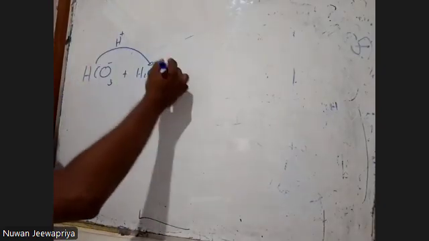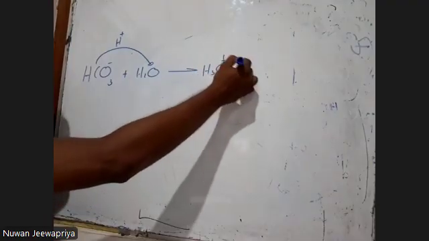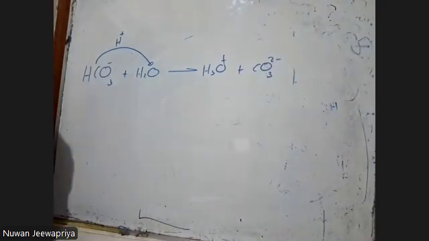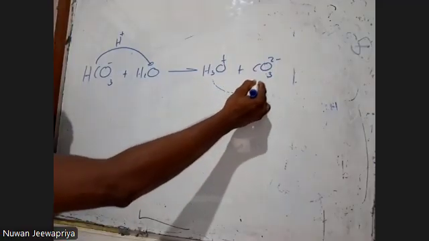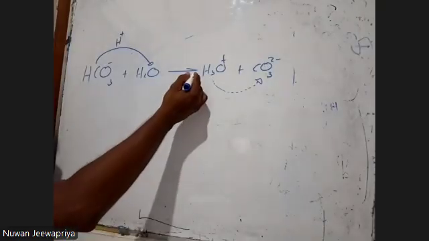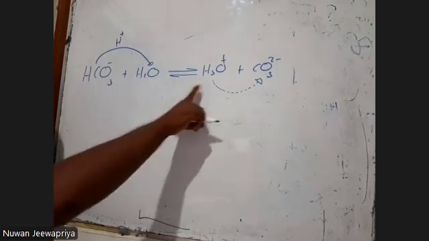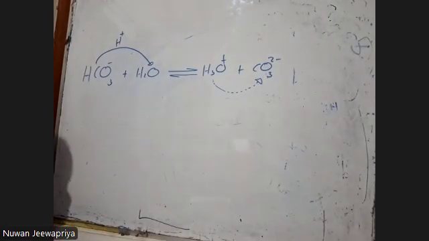Water gains that H plus and makes H3O plus, and the other product is CO3 2 minus. Now in the reverse reaction, this H3O plus gives H plus to the carbonate ion. So it happens in the reverse direction. So this is the Brønsted-Lowry acid, and this is the Brønsted-Lowry base.